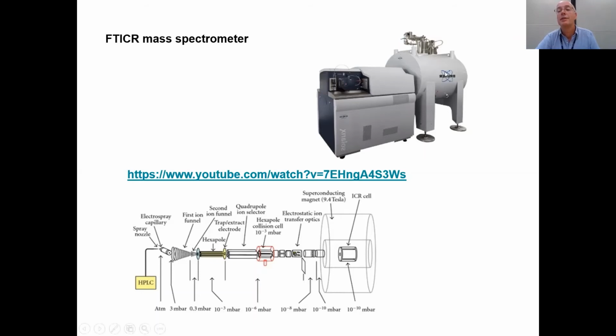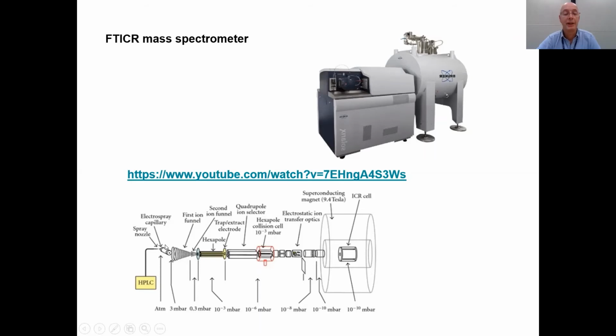The reason these instruments are very large and very expensive is because of this. This is a superconducting magnet, and this is necessary to generate a large magnetic field, a very powerful magnetic field in which you generate a cyclotron. And these instruments are expensive because you basically have to design your lab around this, and it's quite expensive to maintain.